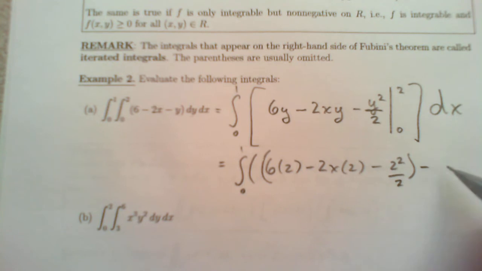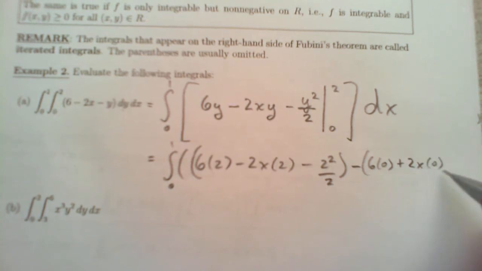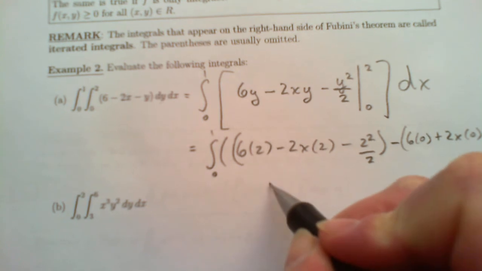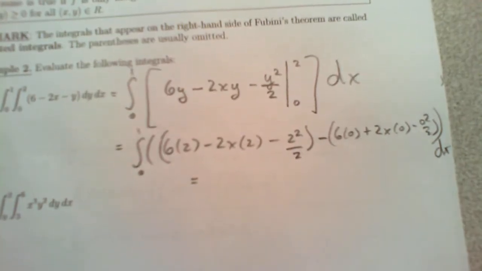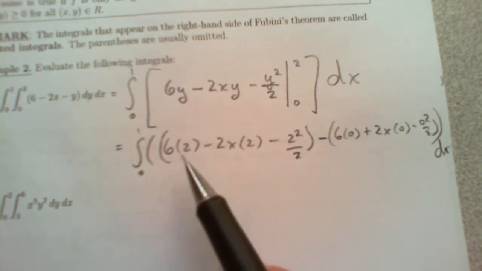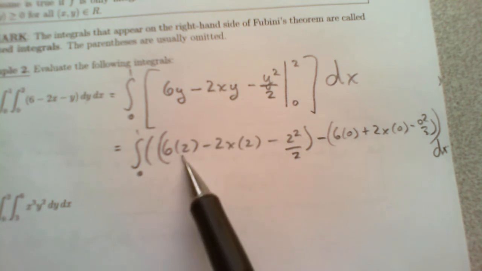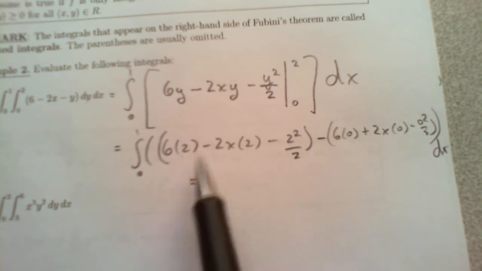They're all going to be 0, but just so you could see it, 6 times 0 minus 2x times 0 minus 0 squared over 2. And all this is dx still on the outside. So those are all 0. What happens out of all these things? Here I have 12, and then here I've got 4, so that's going to be 10.